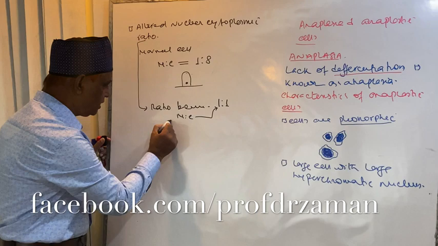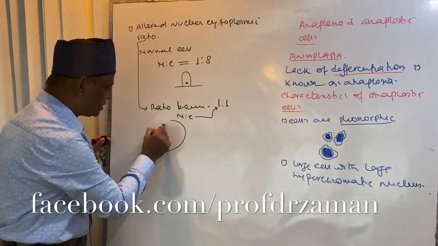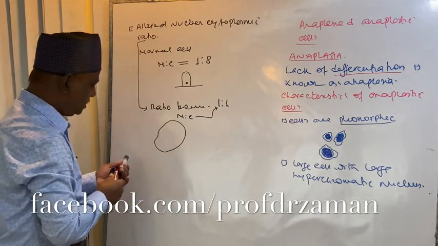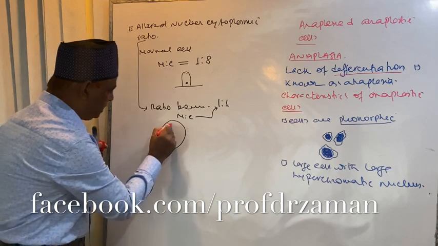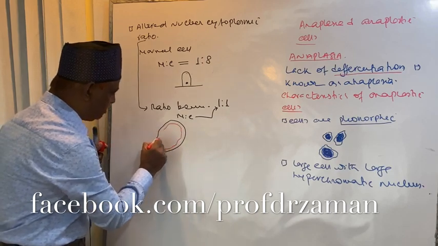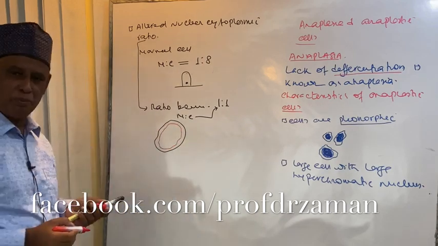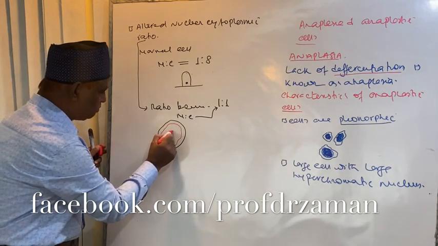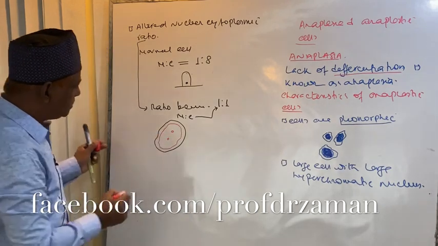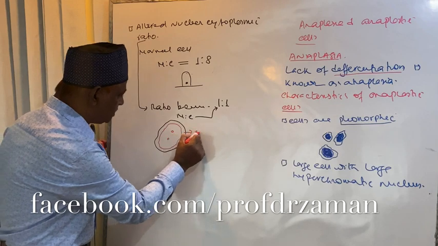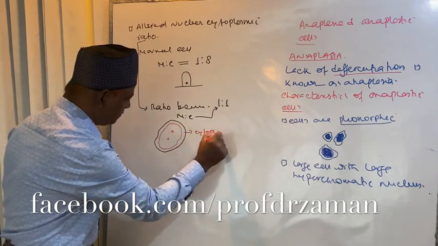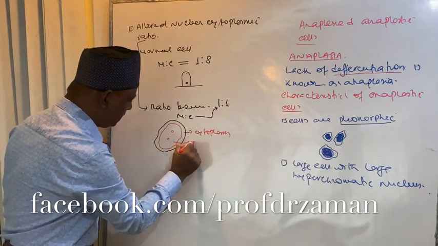So if you consider this is a malignant cell, and this is the nucleus of the malignant cell, that is the nucleus of the anaplastic cell with prominent nucleoli. So this is cytoplasm, this is nucleus.